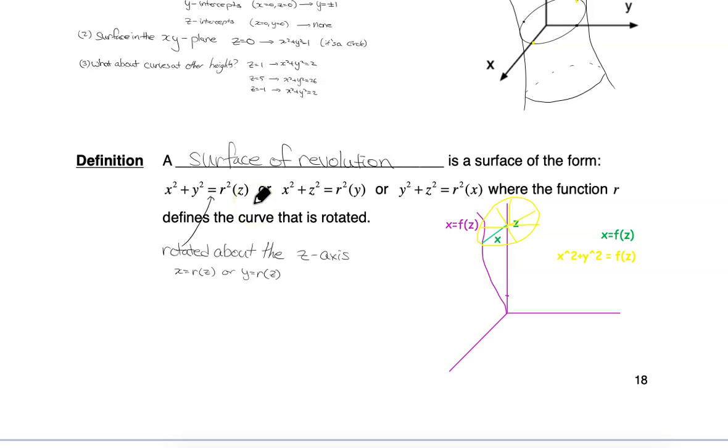Well, let's look at an example where we rotate about the z-axis, and we're going to first ignore the y-axis entirely. Think of a curve in the xz plane, which is x equals a function of z. I sketched it in purple here.